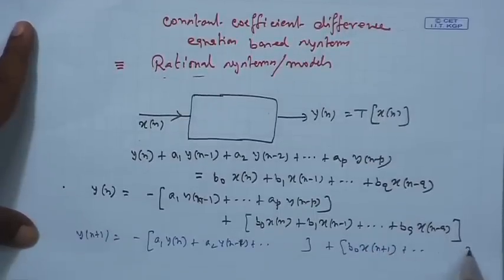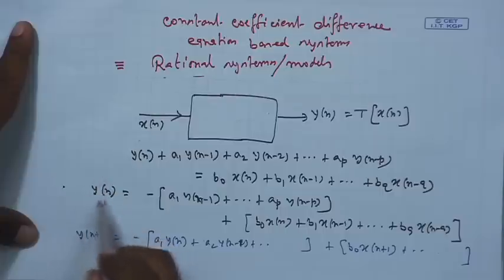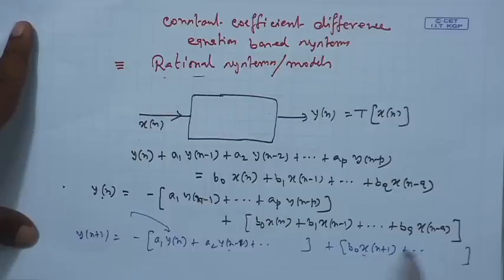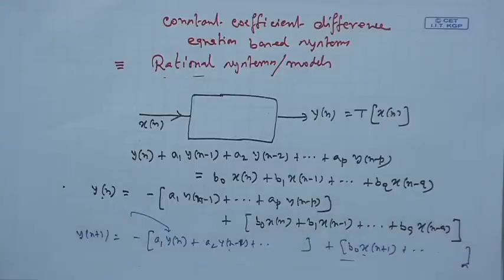Essentially, the y n which you computed now, you put back here, and the past output terms are already available. The current input will be x n plus 1 and past input terms are available. So, this is not a problem, and you get y n plus 1. Then again at the next index n plus 2, put it back here, and this way it continues.